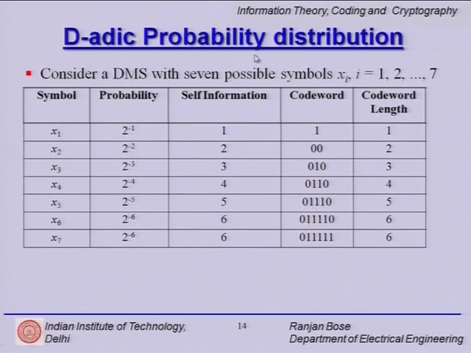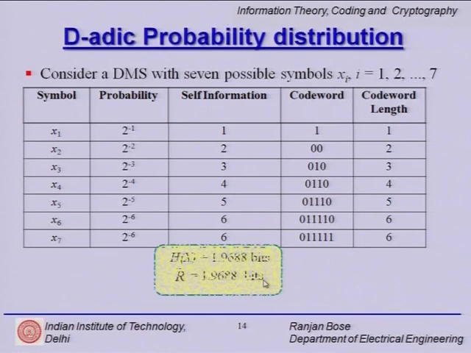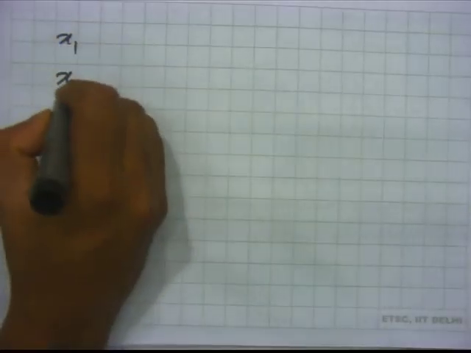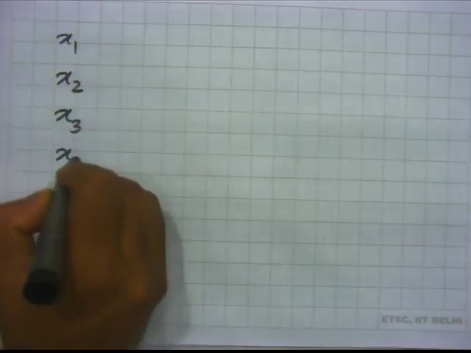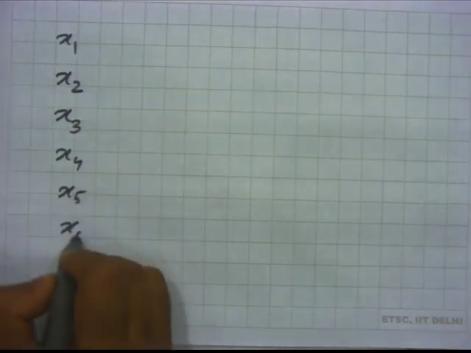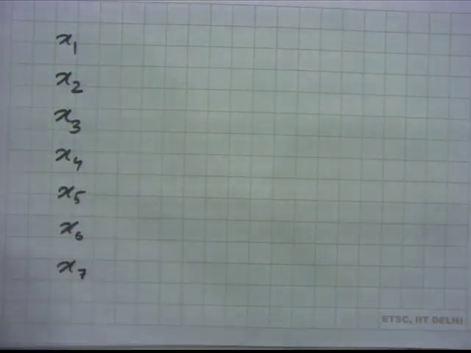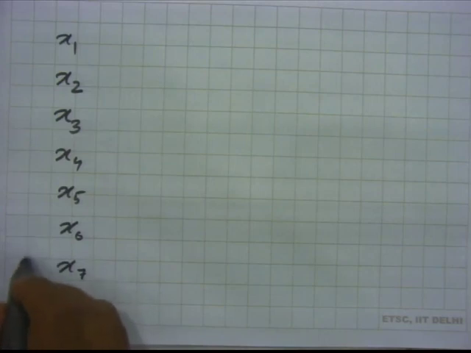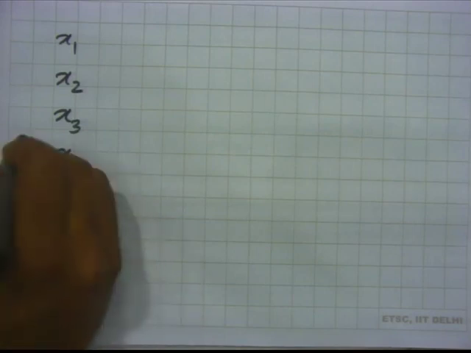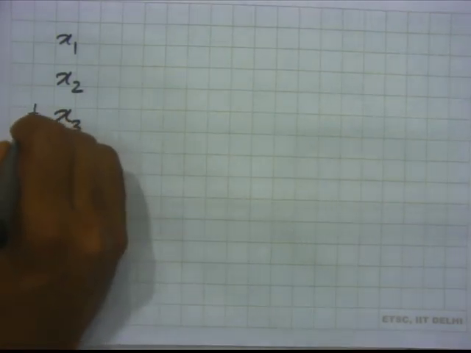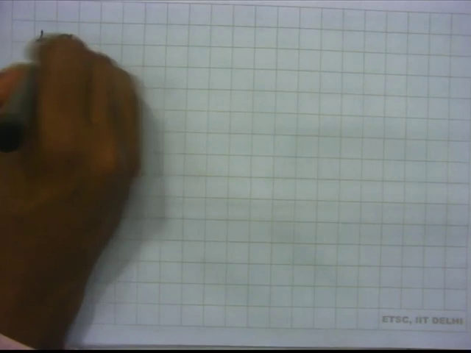So the d-adic probability distribution which we saw is the unique case where we have this decision at all stages. If you look at this d-adic case, we have x1, x2, x3, x5, x6 and x7, and if you look at the probabilities, it is 1 by 2 raised to power 6, 1 by 2 raised to power 5, 1 by 2 raised to power 4, cubed, 2 square and half.